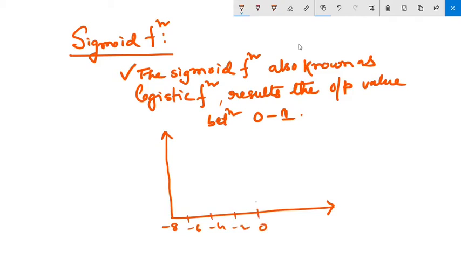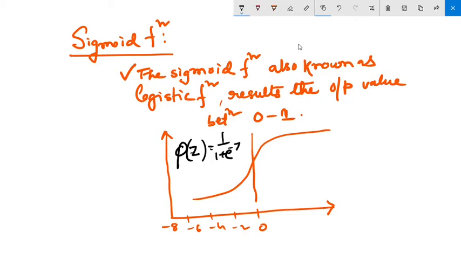At this position, let's say, okay, and your sigmoid function will look like this. The function will be represented as phi z equal to 1 over 1 plus e to the power minus z. So this graph is e to the power minus z. Okay, and let's say this is 0.5. So this is the sigmoid function.